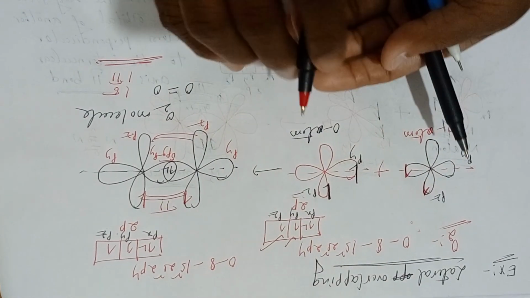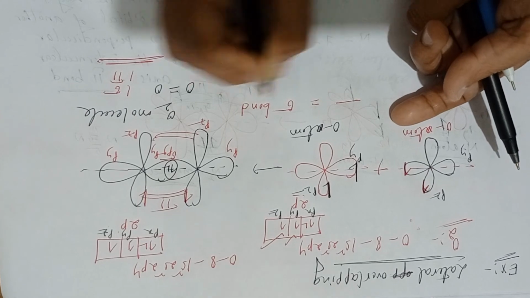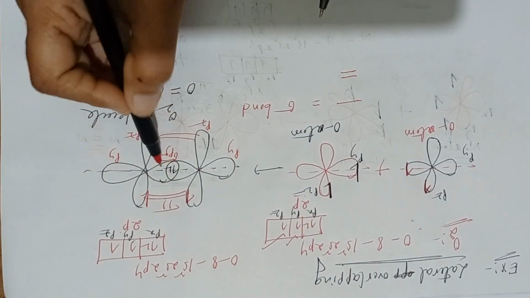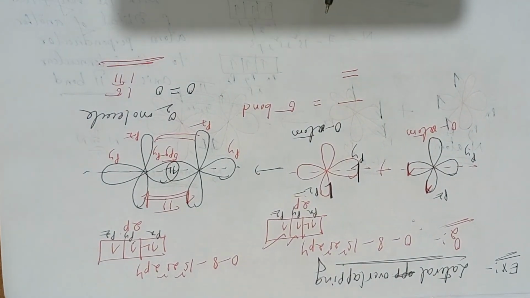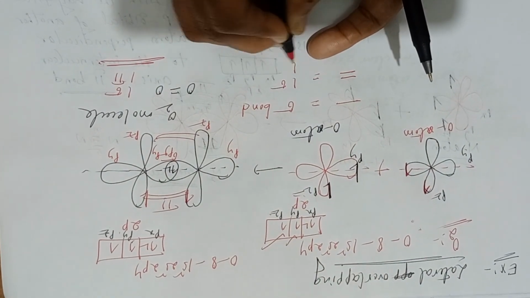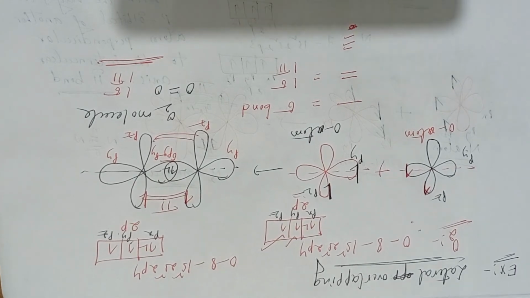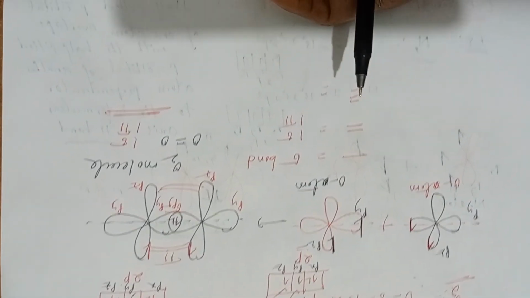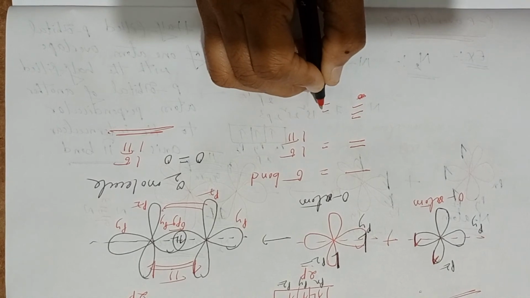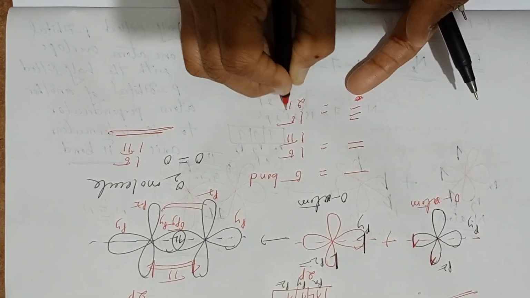Are you clear? So you remember, students, a single bond indicates a sigma bond. A double bond means one sigma, one pi. Double bond means one sigma, one pi bond. In a triple bond, students, one sigma, two pi bonds will be there.